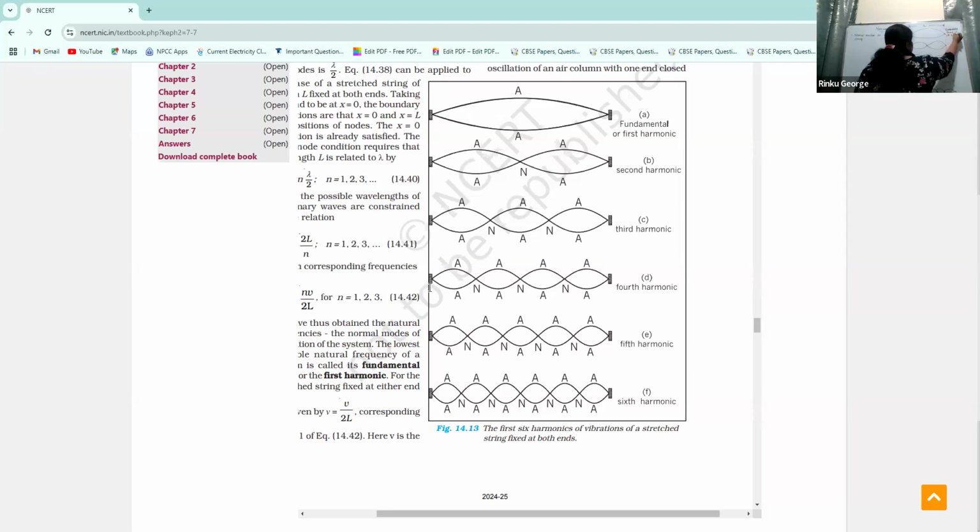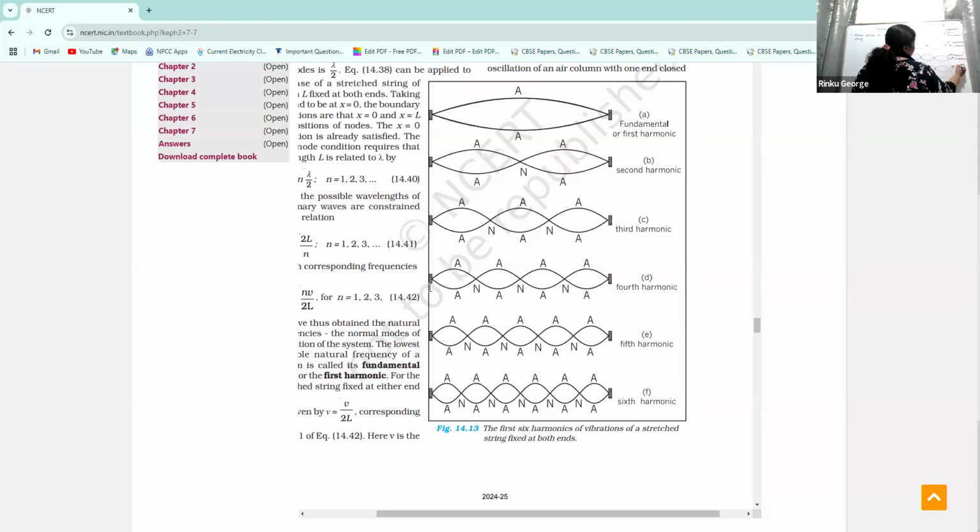First harmonic. This is second harmonic or first overtone. Third harmonic or second overtone.